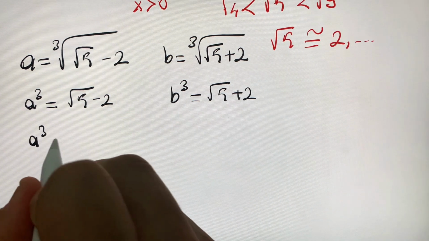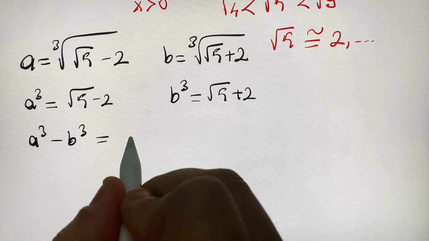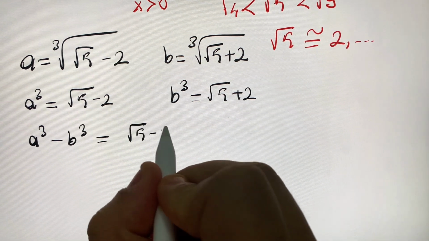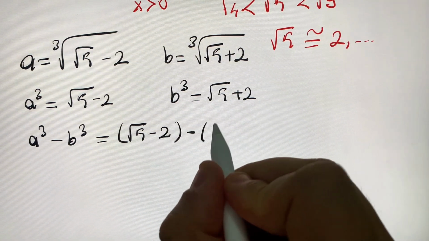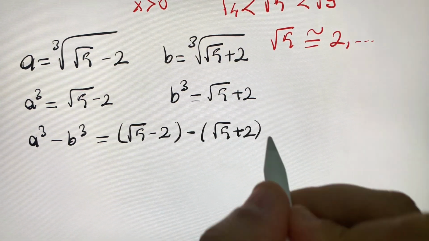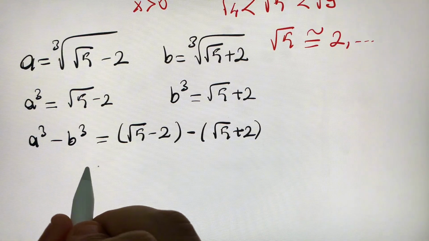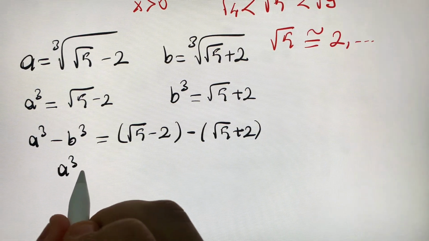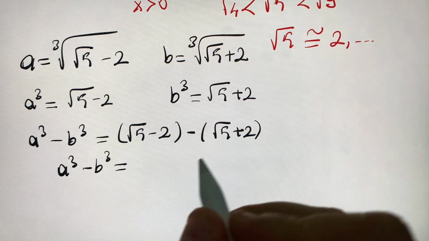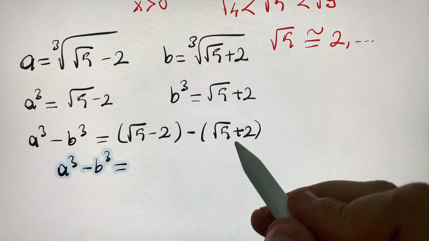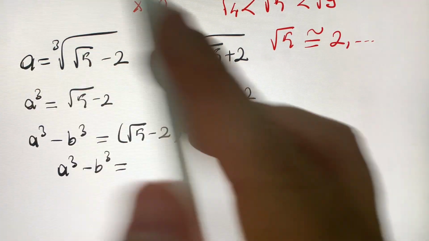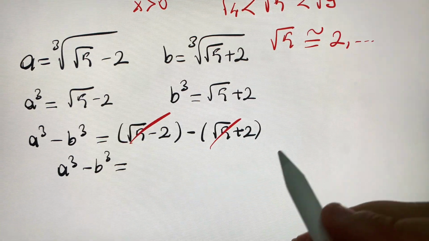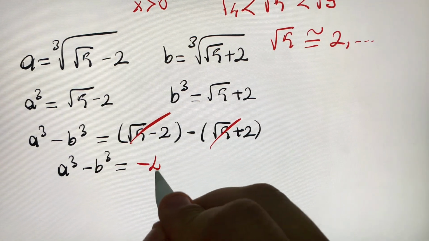A cubed minus b cubed equals root 5 minus 2 minus root 5 plus 2. What happens in this case? They will take each other. Look, if you pay attention, the roots cancel each other. What will be left? Minus 4 will stay.